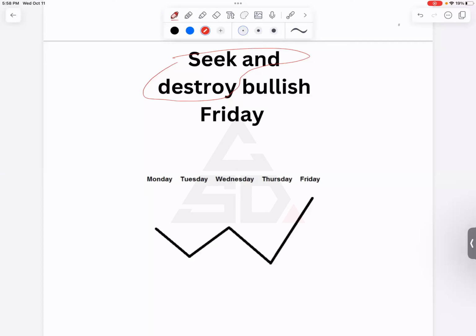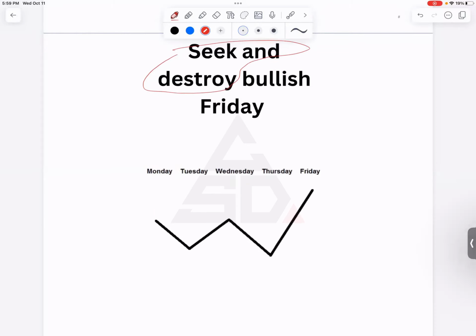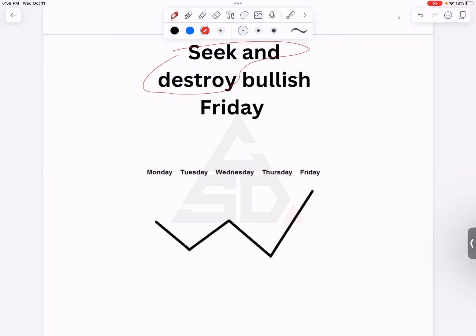So we're not going to get into how you can take advantage of these moves, because I would strongly suggest stepping away. Now, that being said, on a lower time frame in weeks like this, you can find some moves.